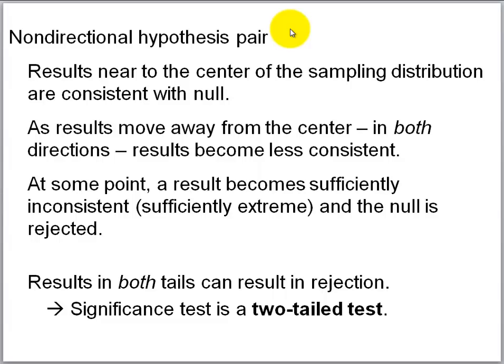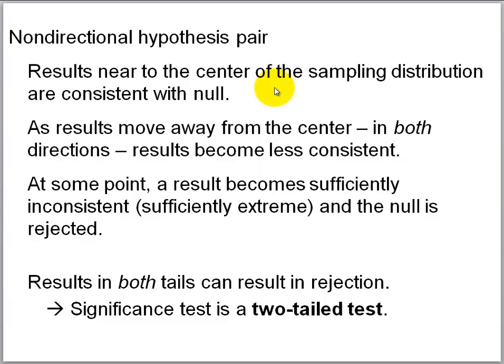Repeating some ideas that we talked about in the last chapter. Basically, in a two-tailed test, which is to say when we have a non-directional hypothesis pair, we look at both tails. So what is it that makes a statistically significant result? Well, results near the center of the sampling distribution, near the high point of our bell curve, are quite consistent with a true null.